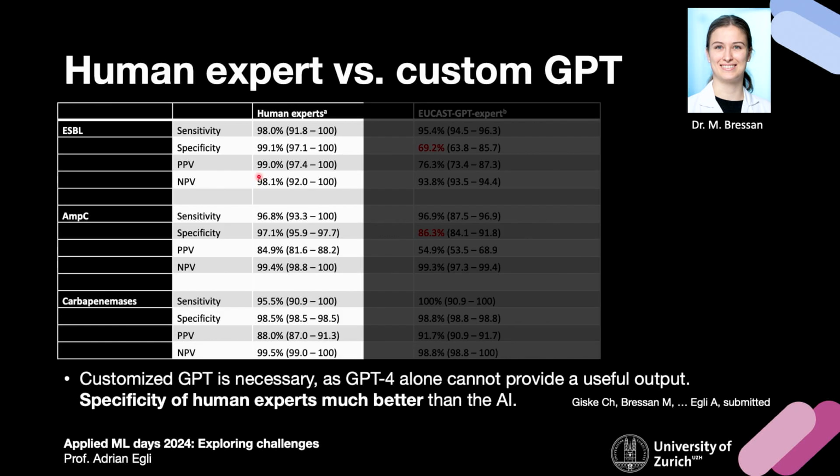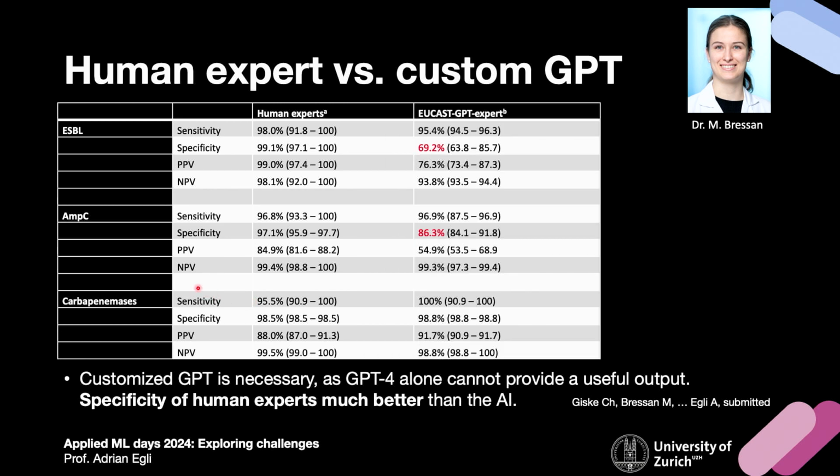mind-blowing. So here you can see the human experts. You can see here the sensitivity and specificity for a certain type of resistance. It's called ESBL. Here you have AmpC, that's another resistance mechanism, and the carbapenemase. So the humans are luckily very good. These are medical microbiologists, and so they should know.